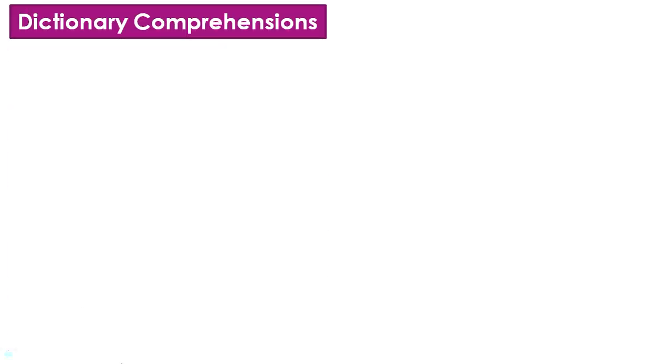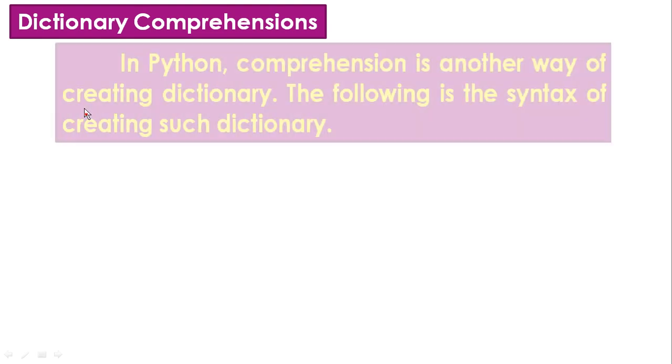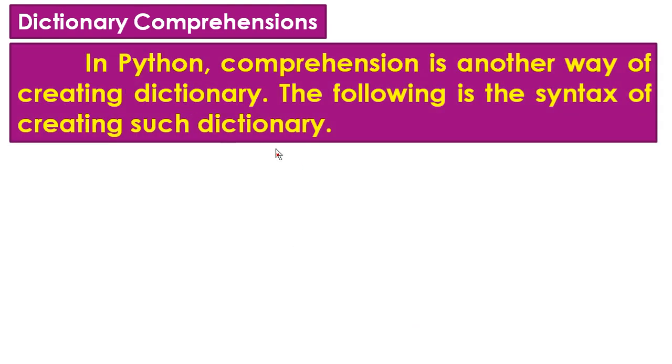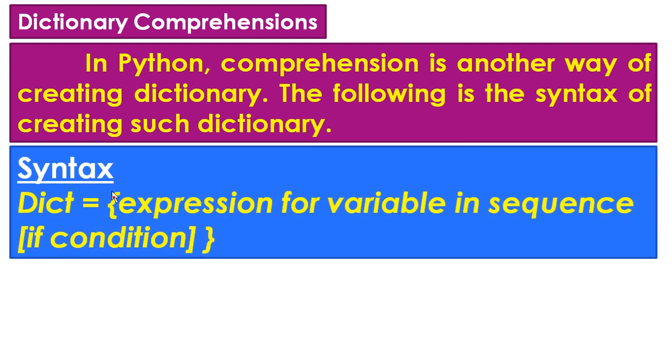The next title is dictionary comprehensions. Comprehension means dictionary surukkam. In Python, comprehension is another way of creating a dictionary. The following is the syntax of creating such a dictionary. The syntax is dict equal to, within curly braces, expression for variable in sequence if condition.